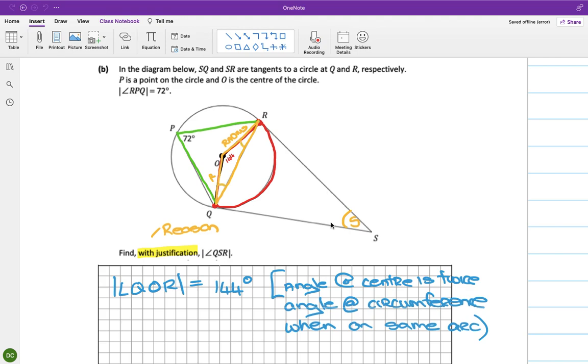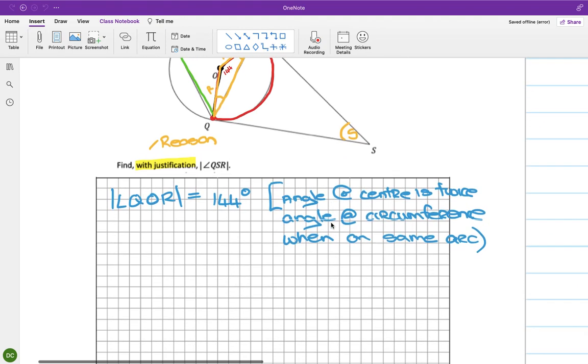So we can do 180 minus 144, which is 36. And then divide that by 2. So we get 18.